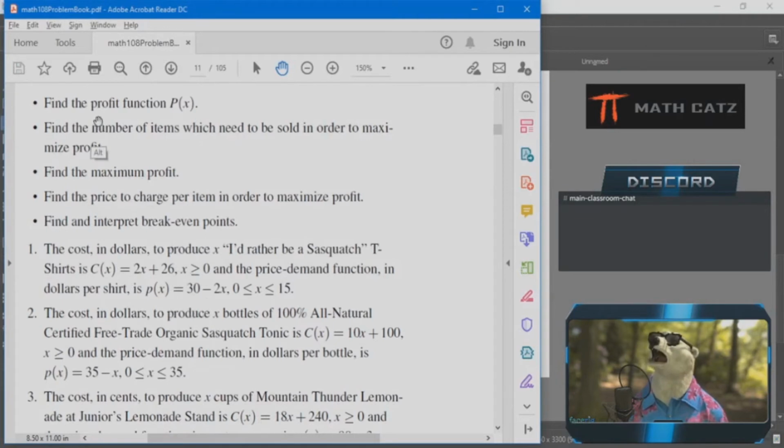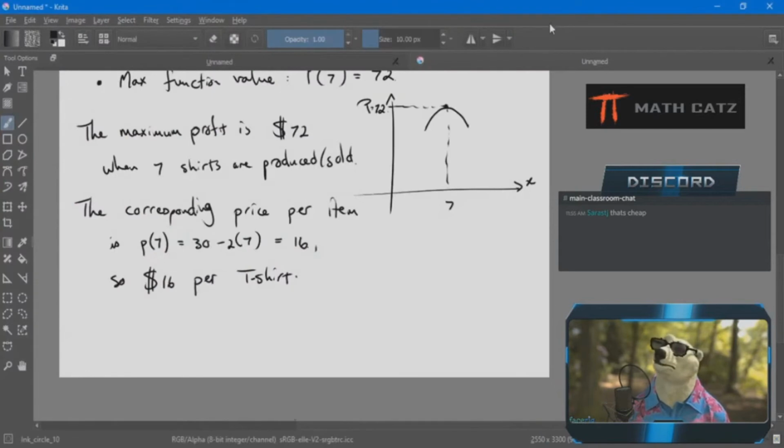So we have used the profit function, realized it's a quadratic function. Well, the numbers might not be realistic, yes. Don't look too closely at the numbers. It could be, I don't know, super small t-shirts.